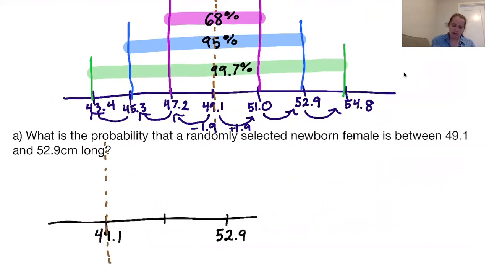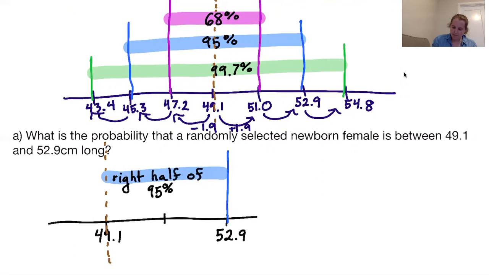That cuts everything in half. And then stopping at 52.9, that was my blue region. So we are looking at the right half of the blue region. So this is the right half of our 95% region.